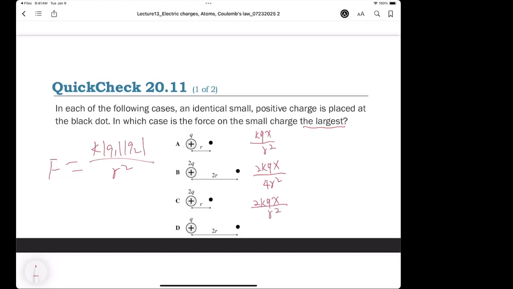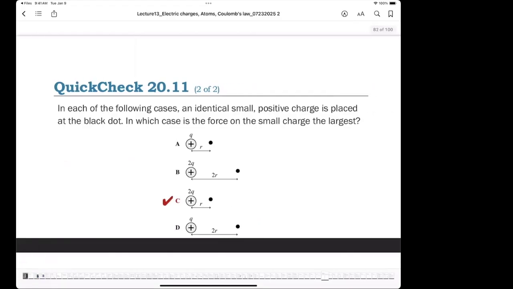And this one is KQX. Which means this one is the biggest, the largest one. Does it make sense to you? This one is small compared with this one, and this one is bigger than this one. So this one is the biggest. So the answer is C.